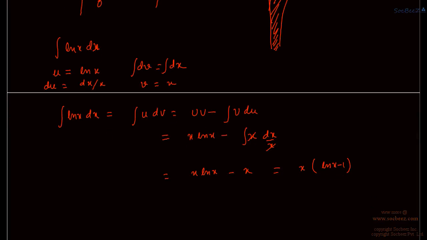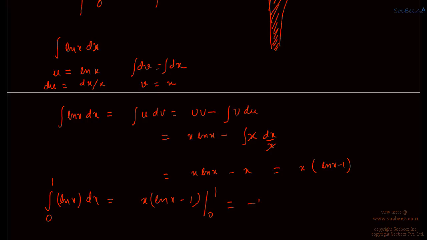So from 0 to 1, ln x dx can be written as x times ln x minus 1 from 0 to 1. That means at the value x is equal to 1, ln 1 is 0, right?